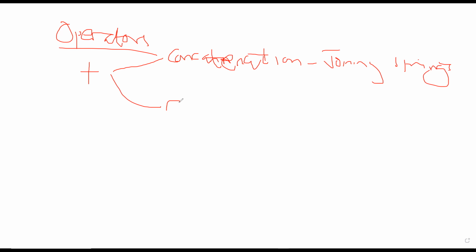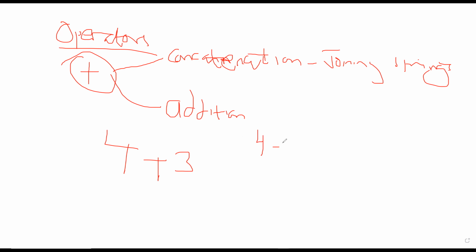And the second one is addition. I demonstrated this in the last class, where I added two numbers. But if one of it is a string like 4 plus Sean, it will join the two together. This one will result to 7, the addition.